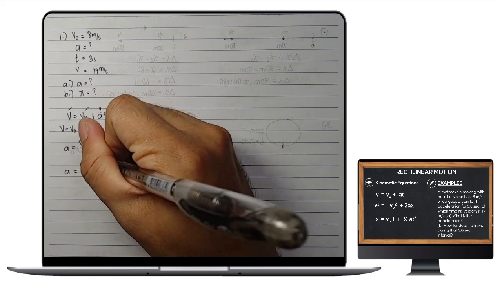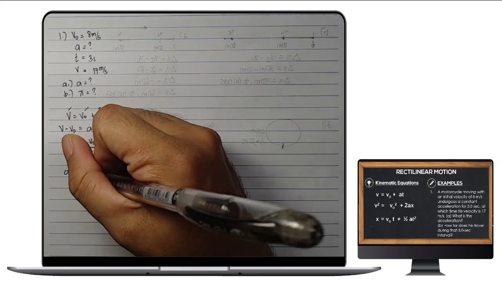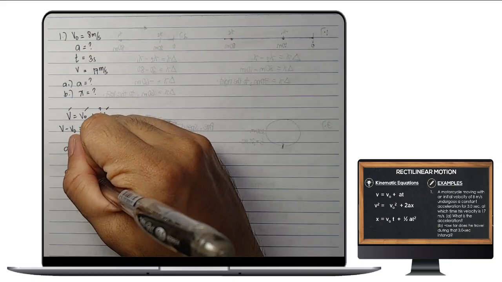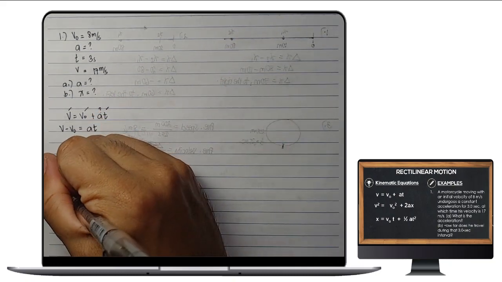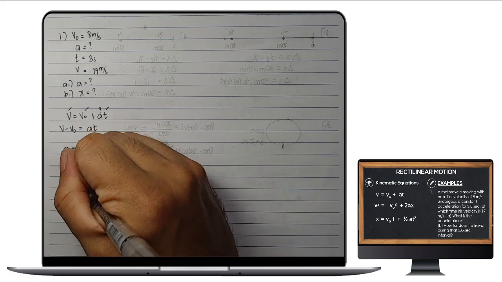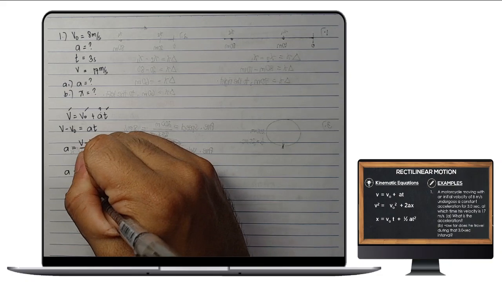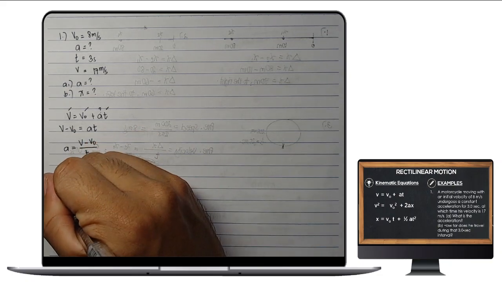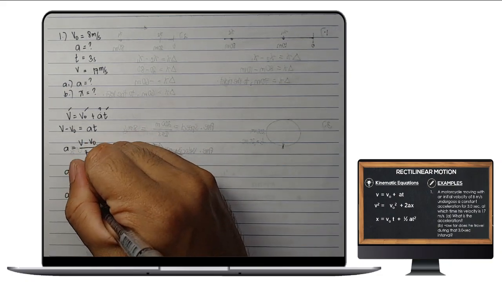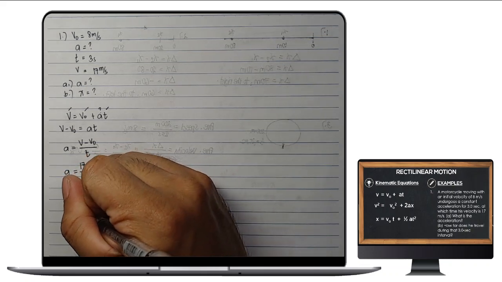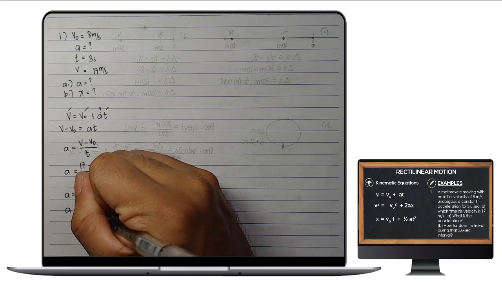Substituting, for A we have the final velocity, 17 meters per second, minus the initial velocity, 8 meters per second, divided by the elapsed time, which is 3. So we have 17 minus 8, that is 9 meters per second, divided by 3. Therefore, our acceleration is 9 divided by 3, so that is 3 meters per second squared.